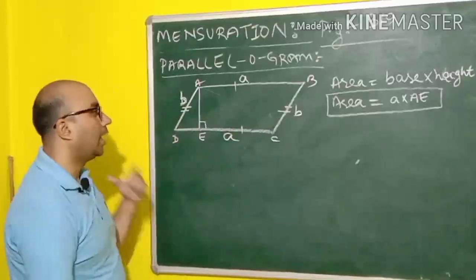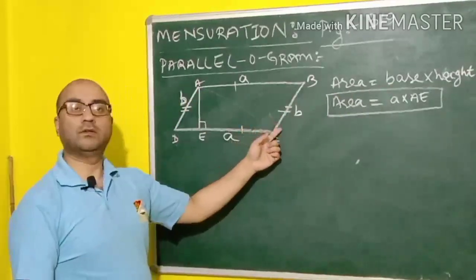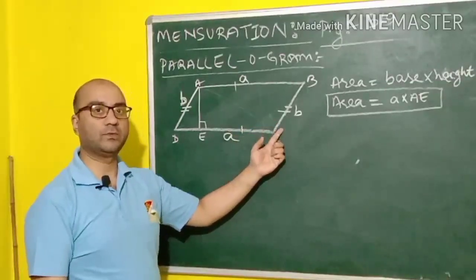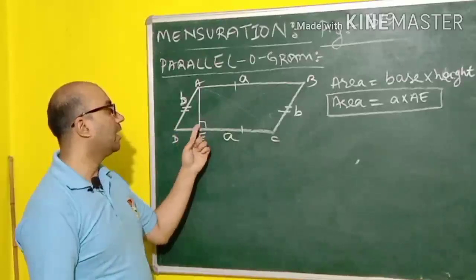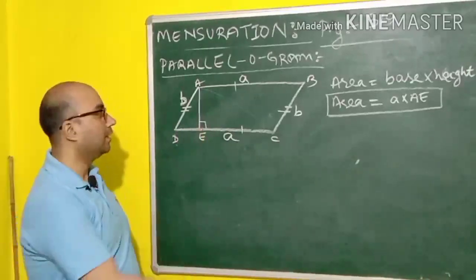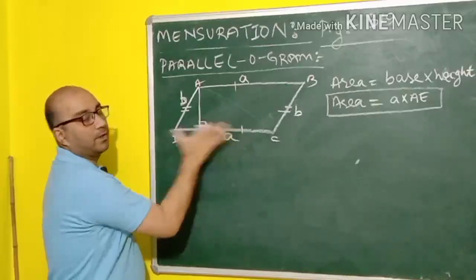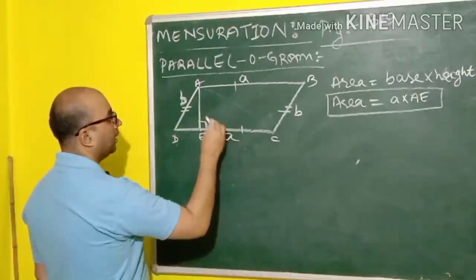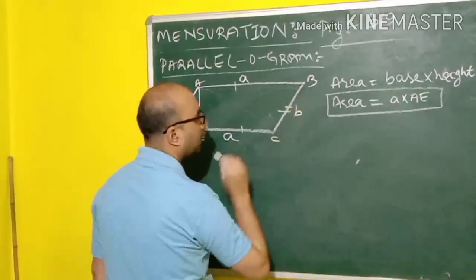Now how will you know which one is the base? You could have made this also as the base. Is that possible? Yes, it's possible, provided to whichever side the height is drawn. That means if you drop a perpendicular to this side, this will become the base.